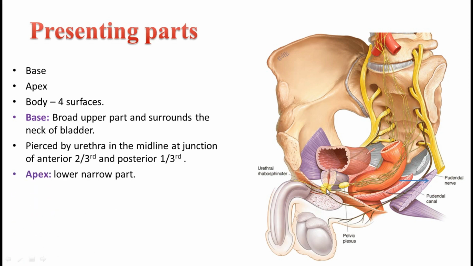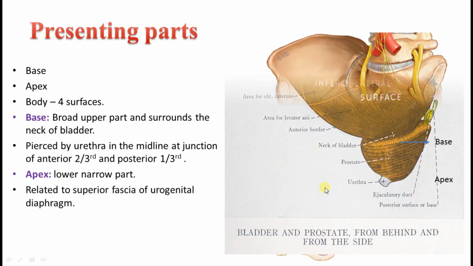So the apex is the lower part which is resting on the urogenital diaphragm. That is your urogenital diaphragm. The apex is resting on its upper surface, which has a fascia covering it, and slightly anterior to the apex, the urethra pierces.